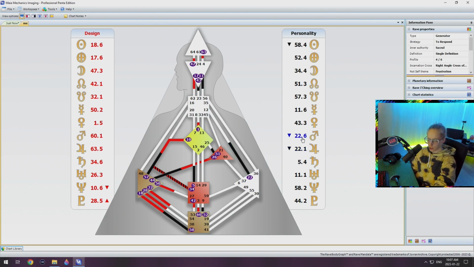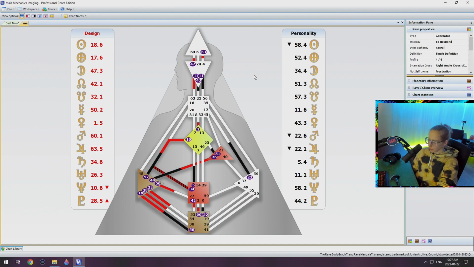What? There's actually two 22s? Yeah, there is. And this 34 is both on the personality side and the design side. What does that even mean? There's conscious aspects of that characteristic. Yes, there's aspects of that characteristic that I'm conscious of, and there's aspects of that characteristic that I'm unconscious of. That's what that means.